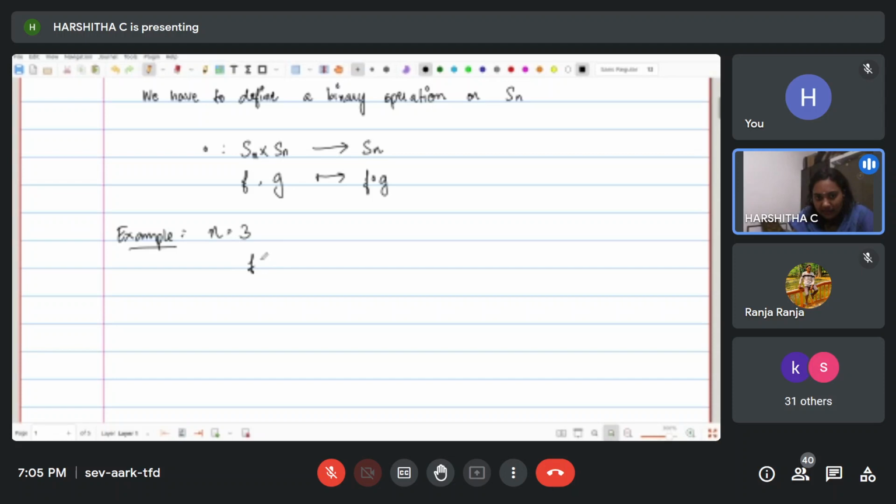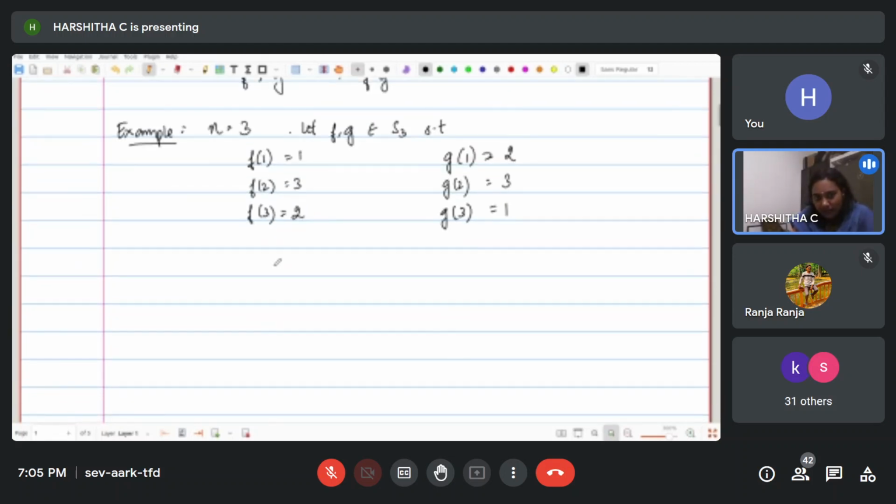Let's say f is the function which sends 1 to 1, 2 to 3, 3 to 2. And g is the function which sends 1 to 2, 2 to 3, 3 to 1.